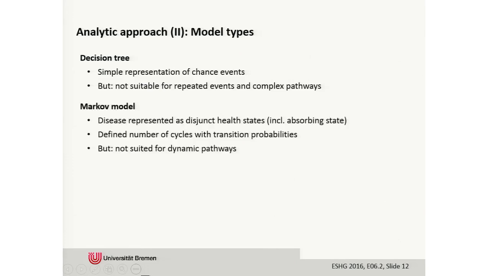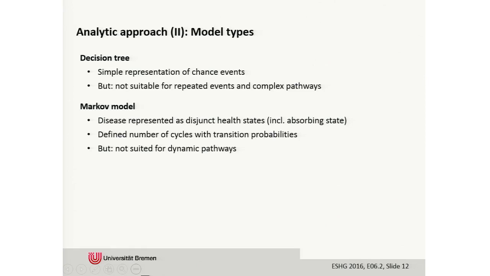A second way you could address it is to do a Markov model. In a Markov model, a disease is represented not just as chance events, so either the patient gets the drug or does not get it, may be infected, may not be infected, and then the disease may be serious or not. That would be a decision tree, but instead you have disjunct health states.